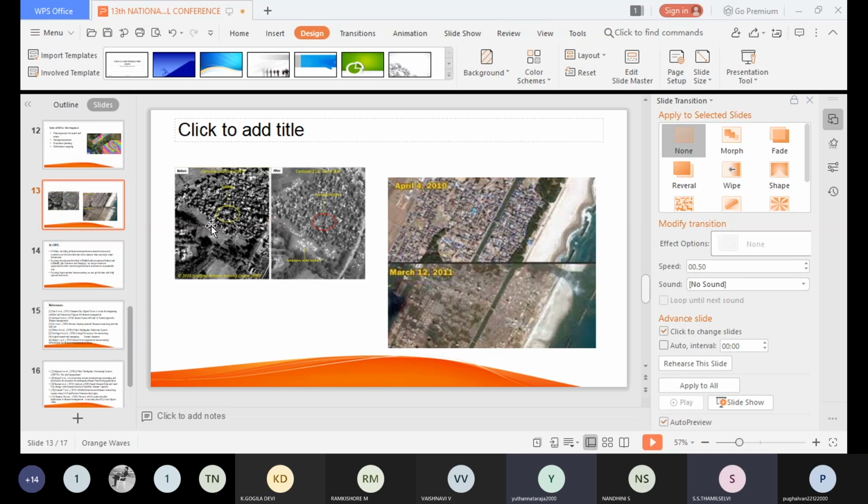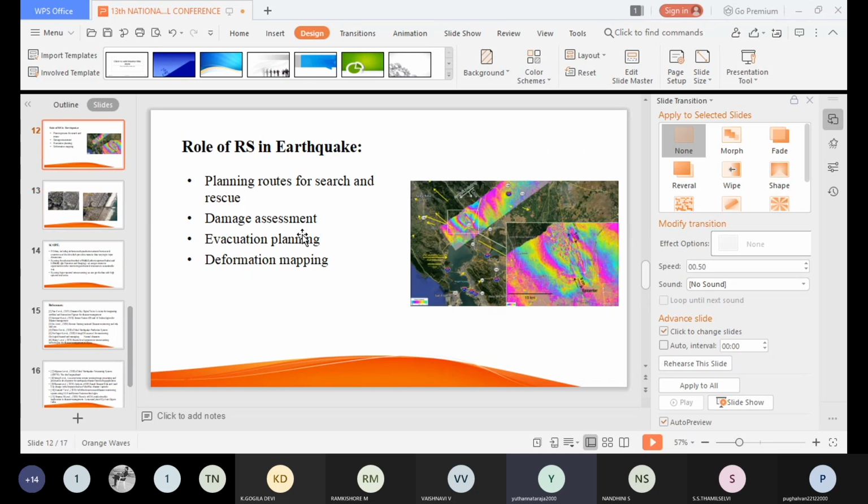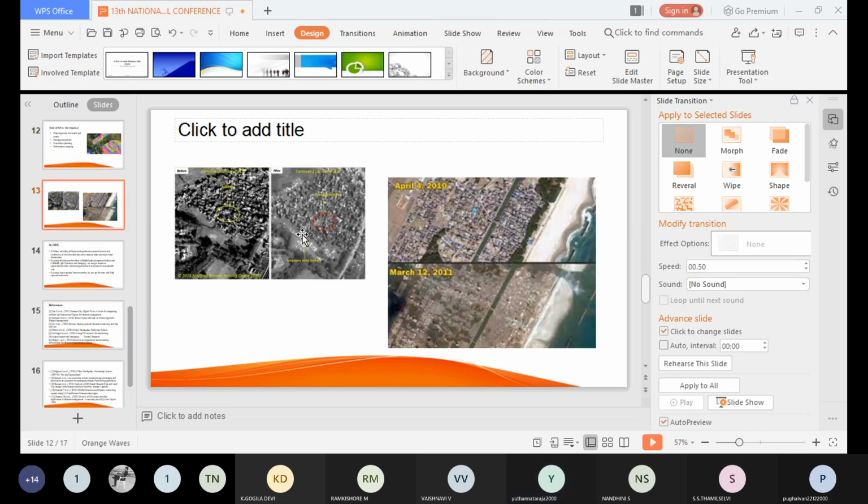Yes, ma'am. The left side image is before the earthquake, and the right side one is after the earthquake. We are taking these images and normalizing them using the MATLAB software. We are analyzing these pictures for getting the resolution, ma'am.